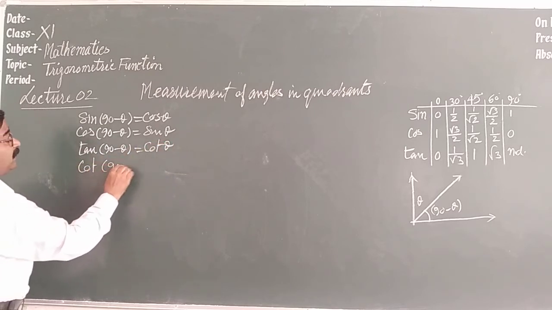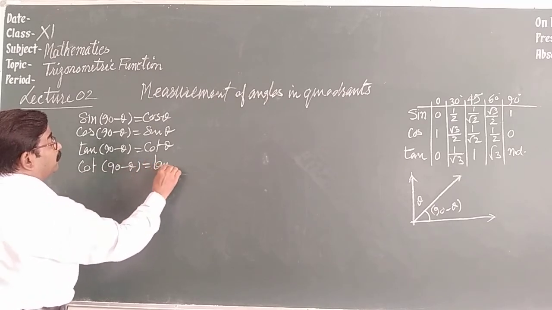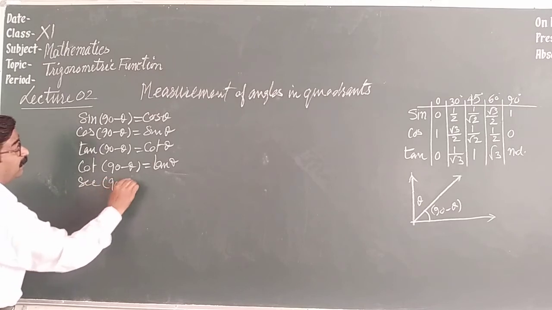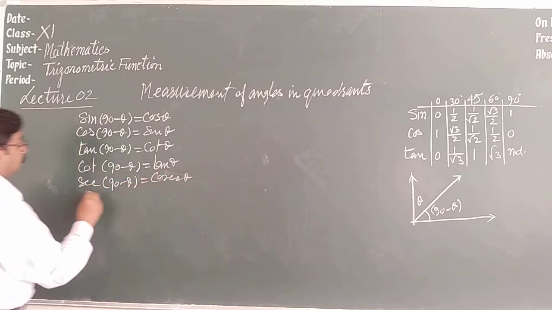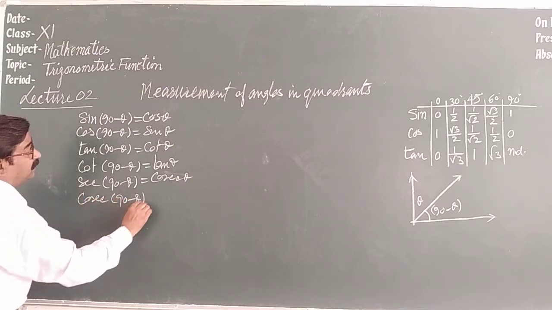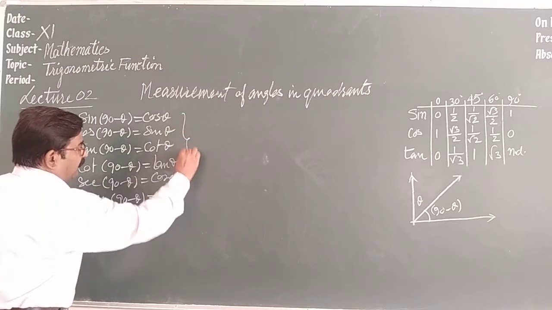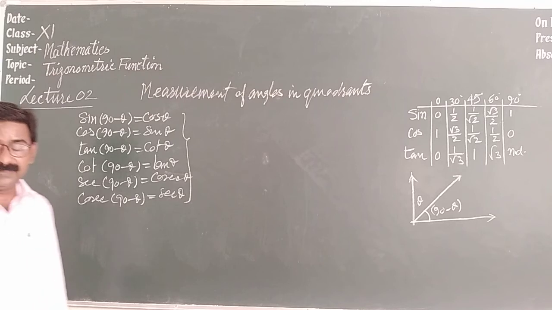Cot 90 minus theta is equal to tan theta. Sec 90 minus theta is equal to cosec theta, and cosec 90 minus theta is equal to sec theta. These were given in class 10.